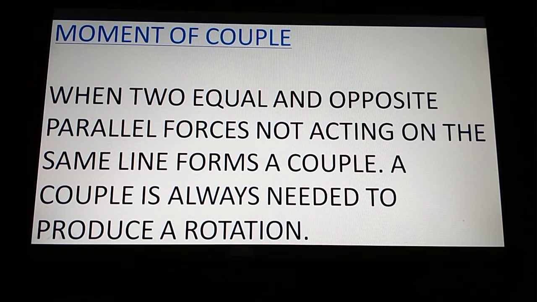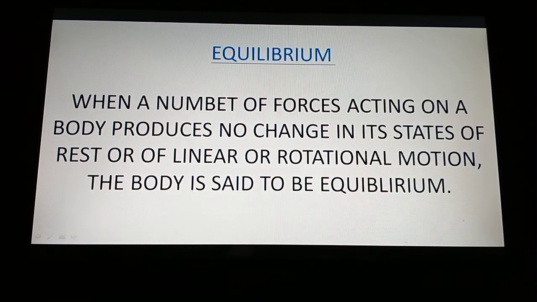And a couple is two equal and opposite parallel forces not acting on the same line, meaning we apply forces on opposite sides, one from the left and one from the right. Parallel forces not acting on the same line means the forces are equal but not acting on the same line. It produces a rotation. This is called a moment of couple.